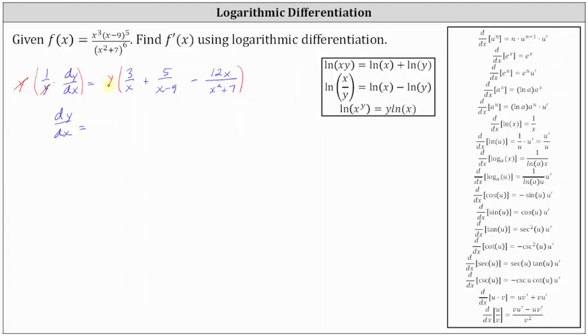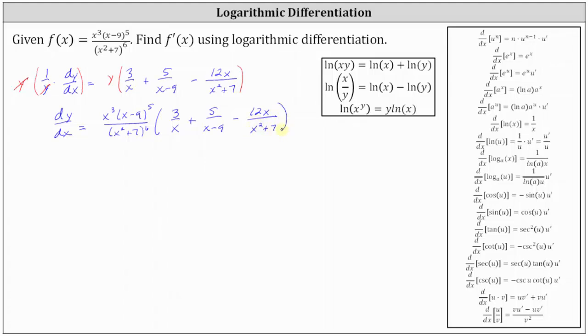So now we'll replace y with the original function, which is the product of x cubed and the fifth power of x minus 9, divided by the sixth power of x squared plus 7. And of course we have times 3 divided by x plus 5 divided by the quantity x minus 9 minus 12x divided by the quantity x squared plus 7.